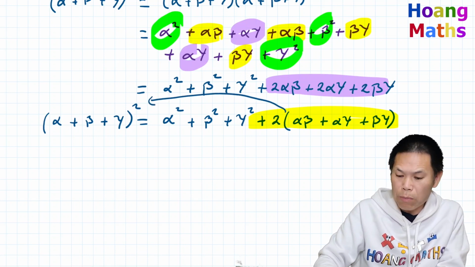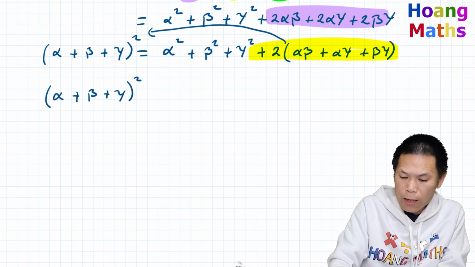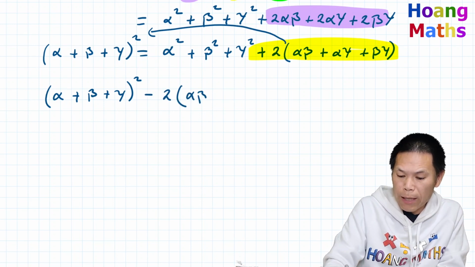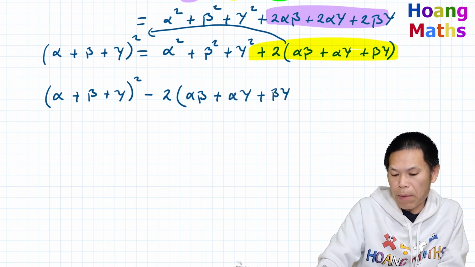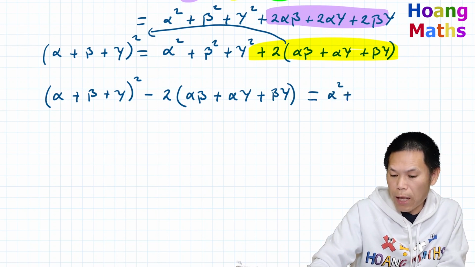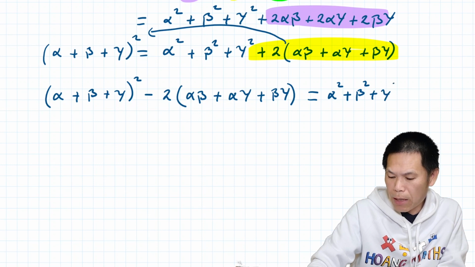So this will give me alpha plus beta plus gamma all square, we minus 2 lots of alpha beta plus alpha gamma, and we add beta gamma. And that is equal to alpha square plus beta square plus gamma square.